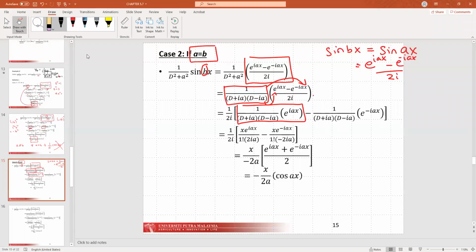Sekejap, bukan ke semua. Okey, daripada sini dapat yang ni. So that is just derivative of kuasa 1.